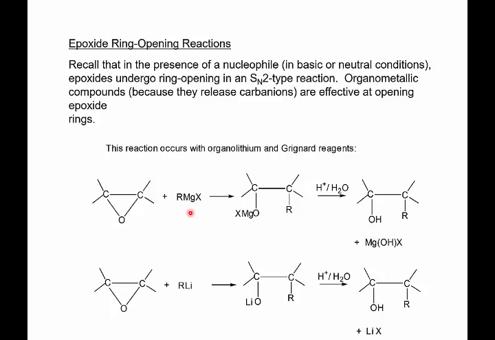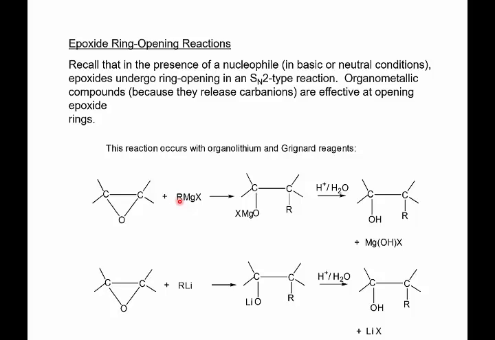Now, there's consistency here. We never see an organometallic written in the ionic form. And of course, if you write the ionic form, I don't have the tools to show you this, but you write R as R with a negative charge, and the rest of it would be MgX plus. The carbanion, if it's reacting with epoxide, will behave as a nucleophile.